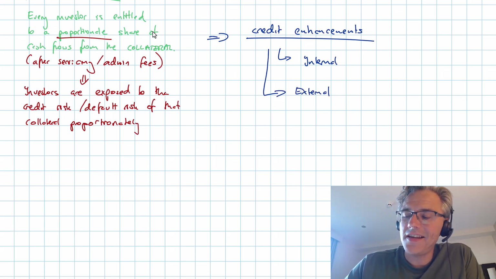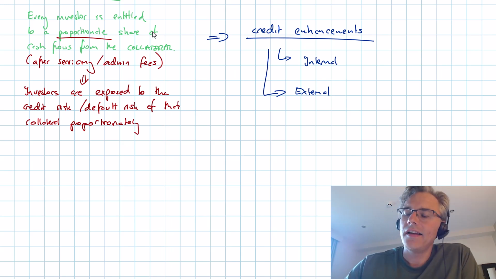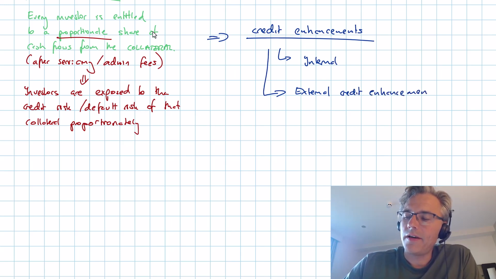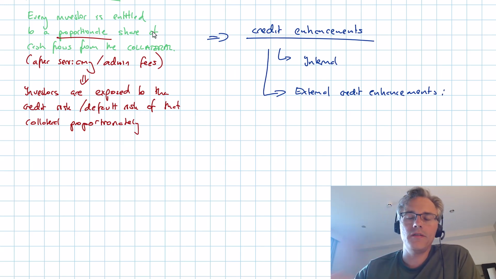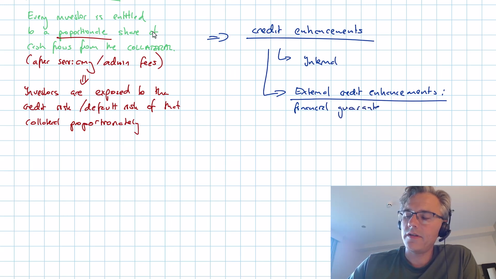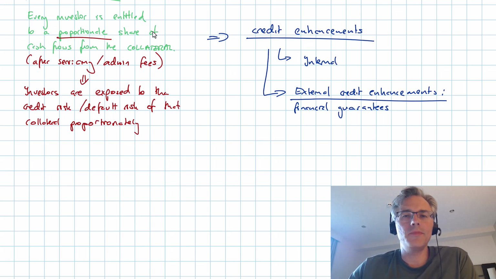Now this second one, let's get it over and done with, because it's really quick. External credit enhancements are provided by third-party institutions. So these are typically financial guarantees. They don't arise from the structure of the ABS.